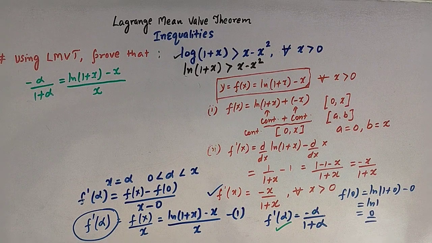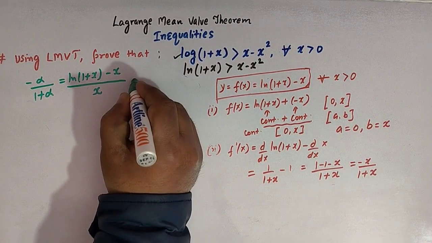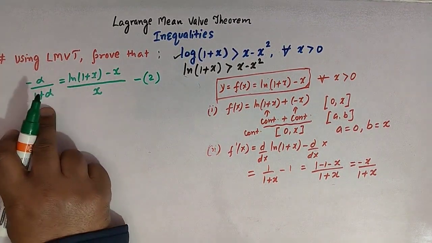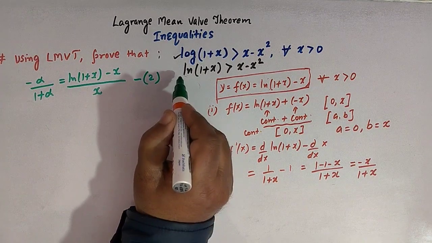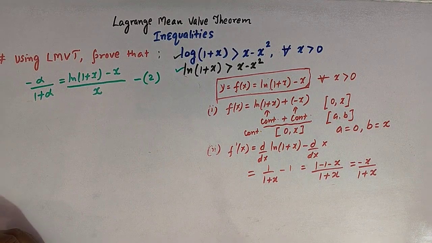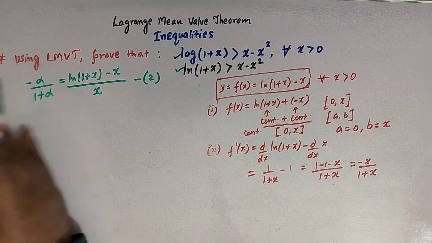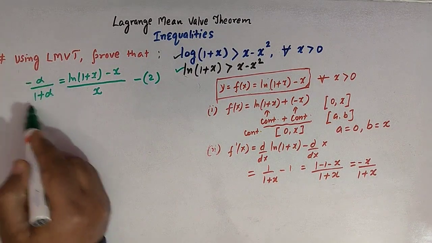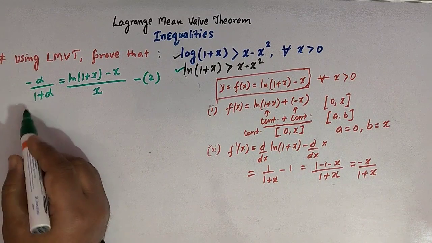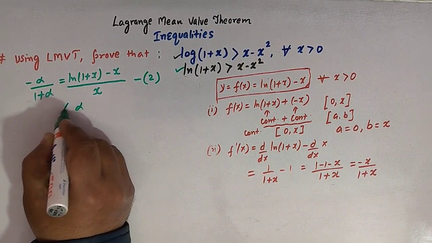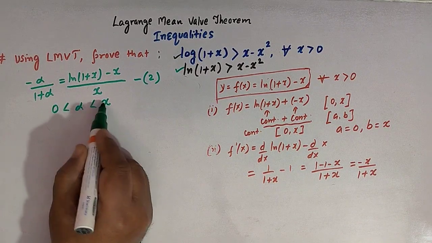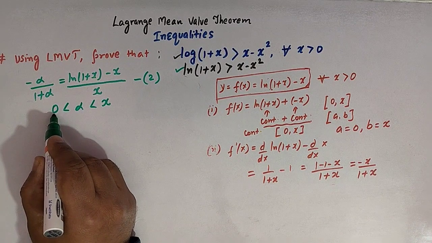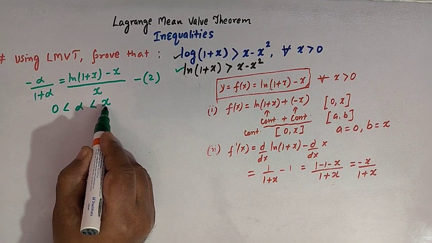Okay, so now we have this equation, and we'll use this equation to arrive at this inequality, right? See here, the left hand side of this equation contains alpha. So we have alpha greater than 0 and less than x, right? So by mean value theorem, alpha should lie between 0 and x, right?